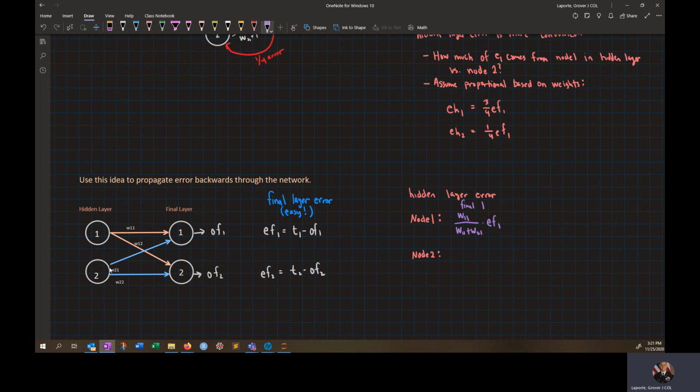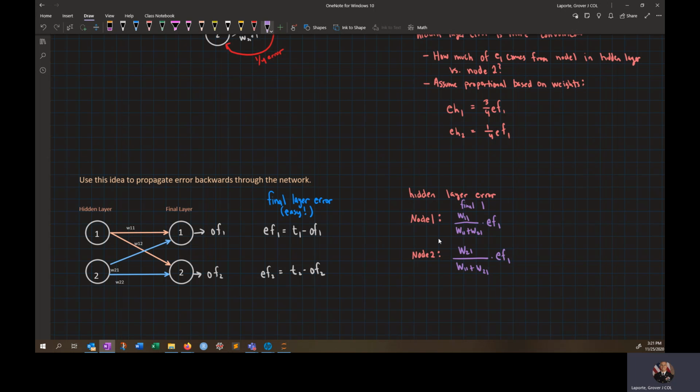And then the next one, the blue line here, we're going to say is W21. So again, that's W21 divided by the same denominator, right? Because it's W21 plus W11. Again, proportion out the total error that's in EF1, and that'll be also EF1.